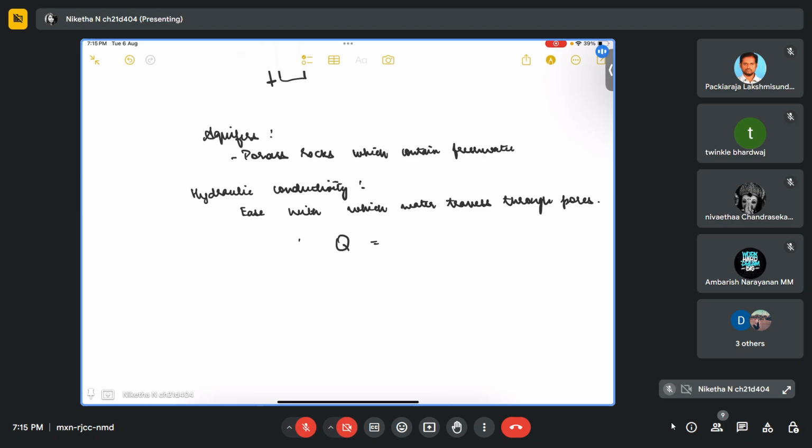So Darcy's law gives you the relation between flow rate, which is represented by Q, and your hydraulic conductivity, K, times I times A. So here your K is the hydraulic conductivity. I is the hydraulic gradient, and A is the cross-sectional area.